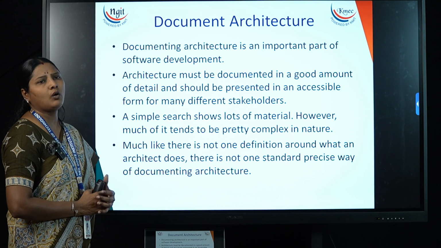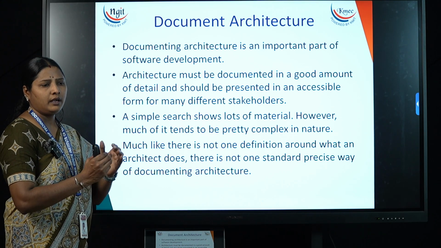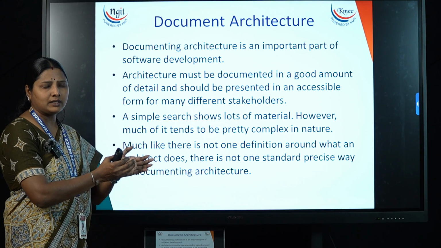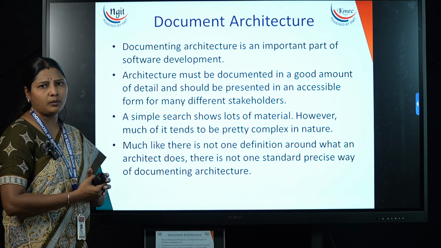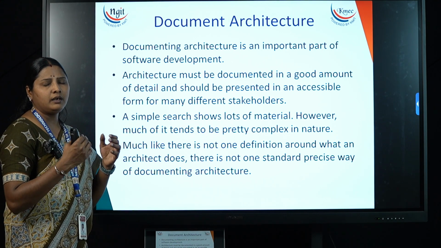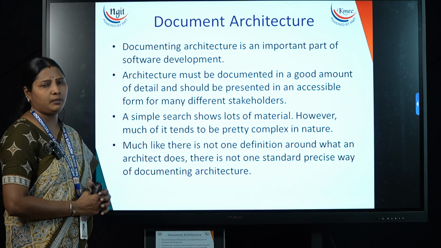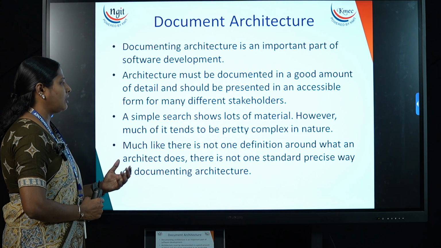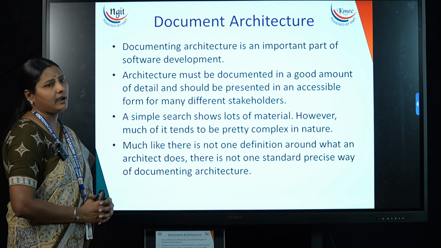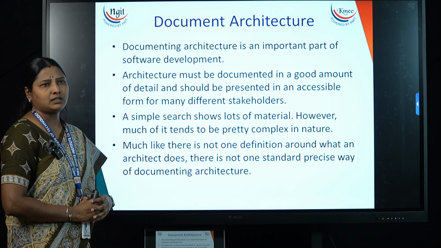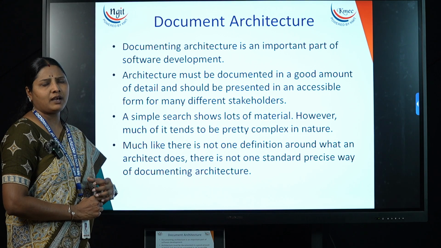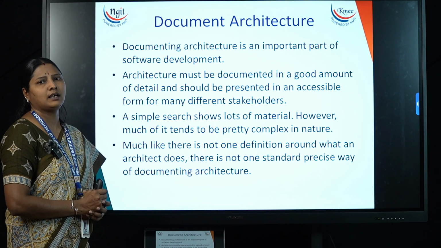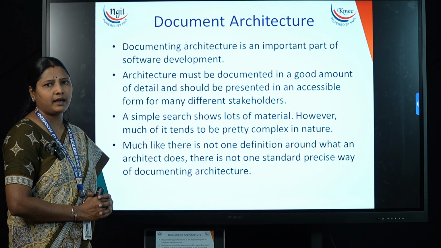This is a little bit complicated compared to looking at the architecture in isolation and the document in isolation, so we need to include all the information in the document architecture. Much like there is not one definition of exactly what an architecture is, there is no single definition of exactly what a document architecture is.